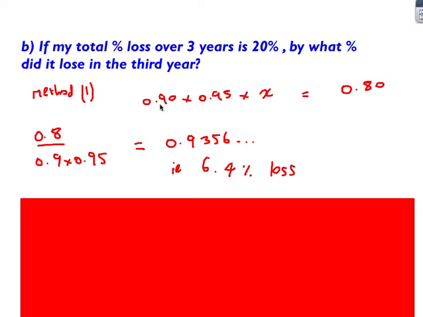So basically I need to do 0.90 times 0.95 times something is 0.80. If you rearrange it, 0.80 divided by 0.9 and divided by 0.95, this calculation here, I get 0.9356. Well, what does that equate to? That is a 6.4% loss.